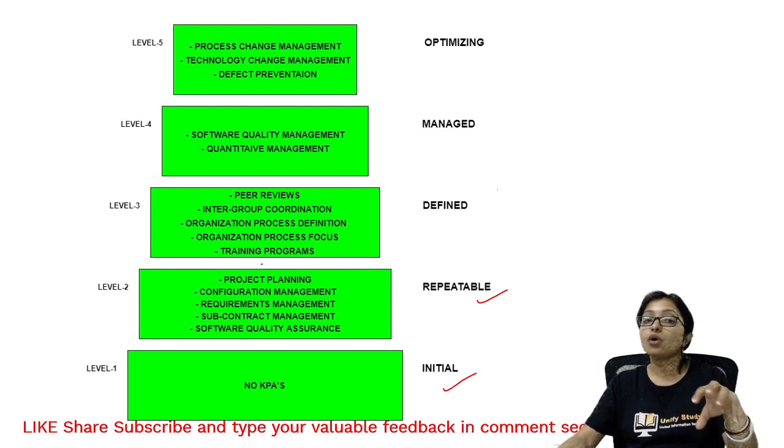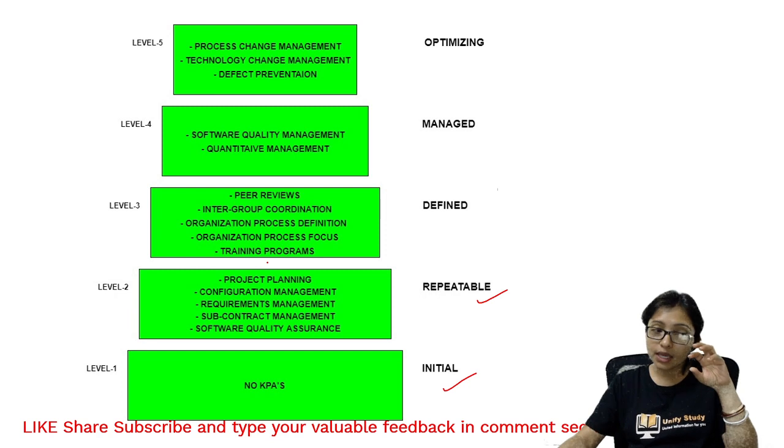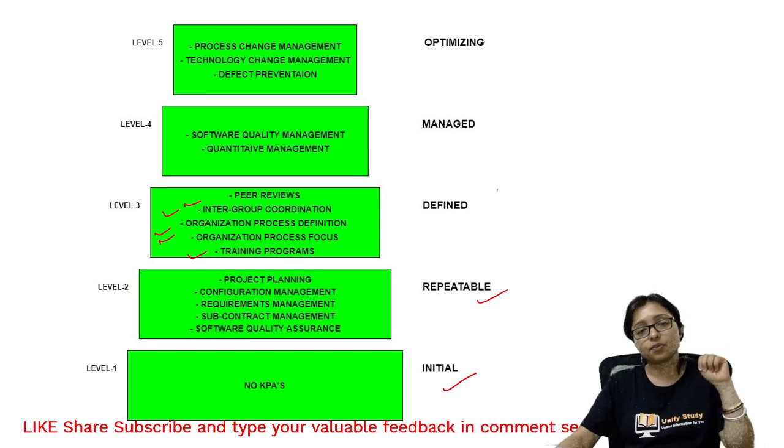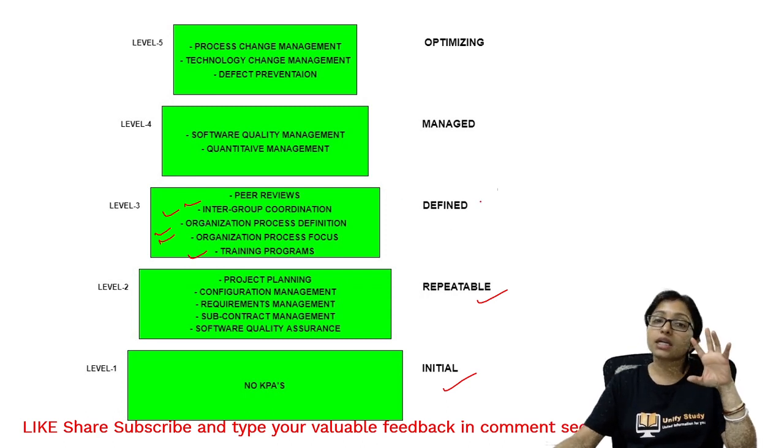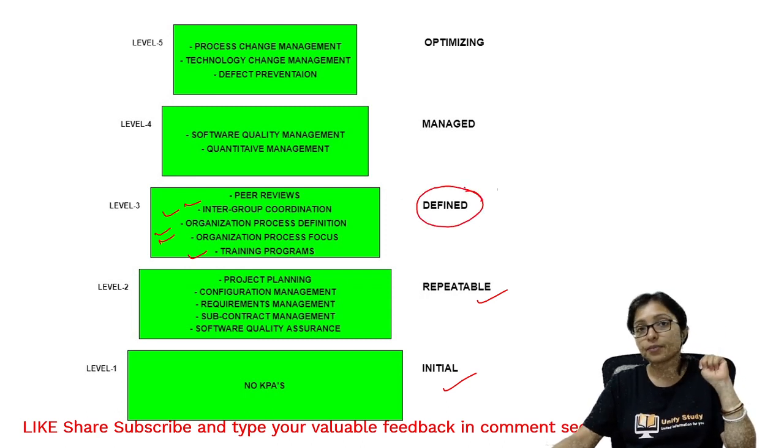Now they are focusing on proper improvement of the group and of the process. That's why they focus on peer review, inter-group coordination, organization process definition, organization process focus, and the training program. So they are coming to a properly defined structure. This is called level 3.